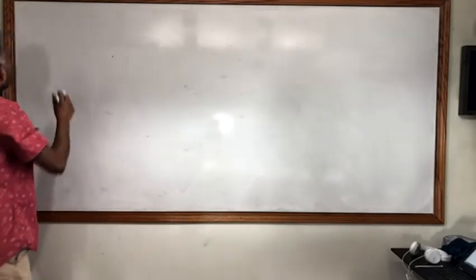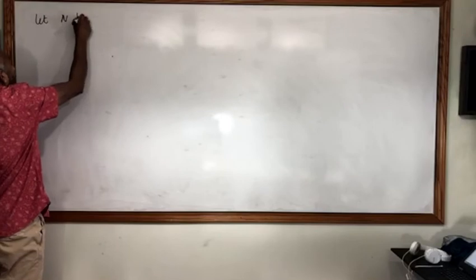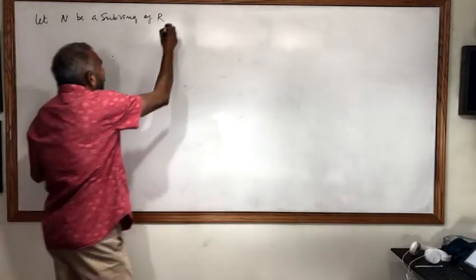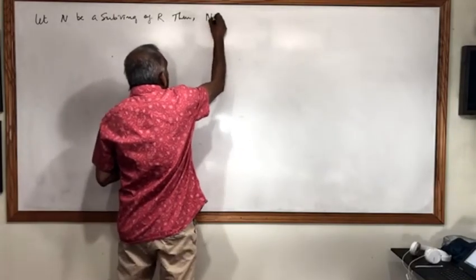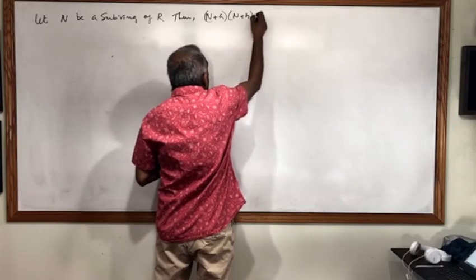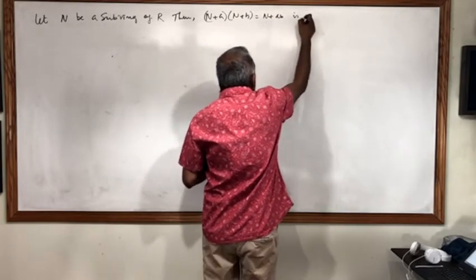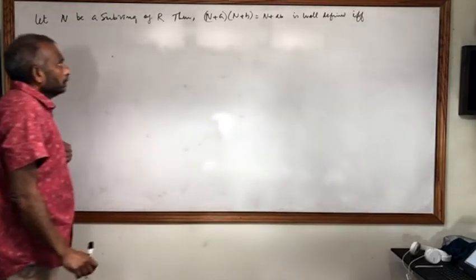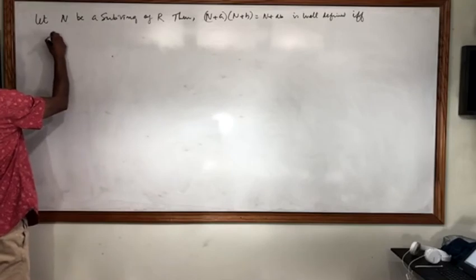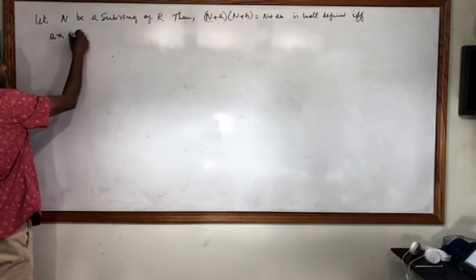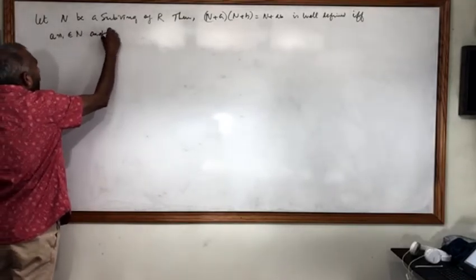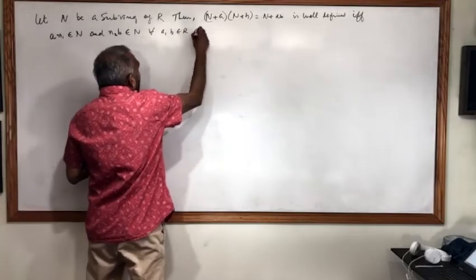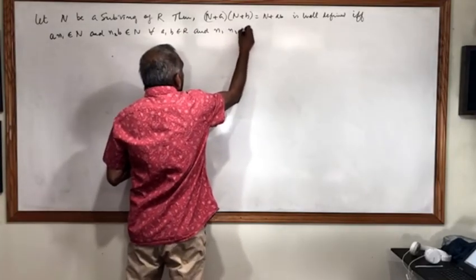So let N be a subring of R. Then the multiplication N plus A, N plus B is equal to N plus AB is well defined if and only if A n1 belongs to N and n2 B belongs to N for all A, B in R and n1, n2 in N.